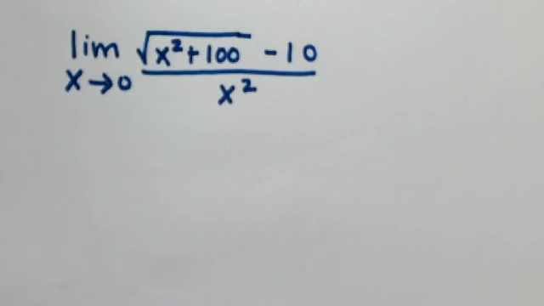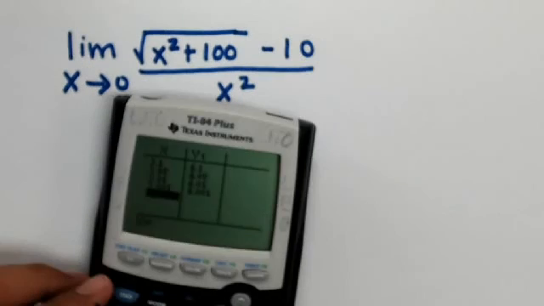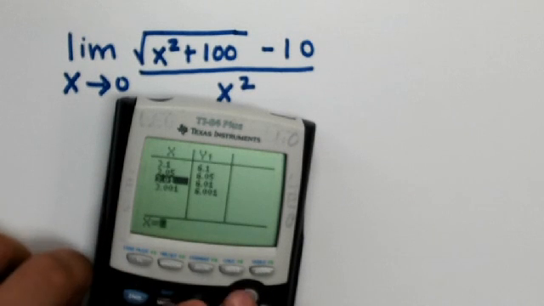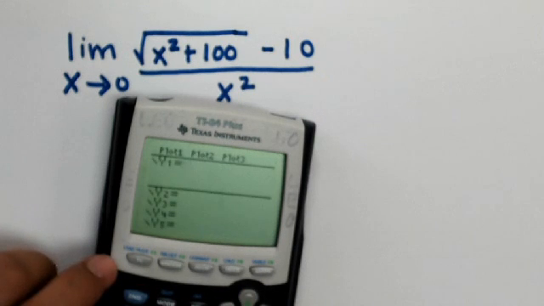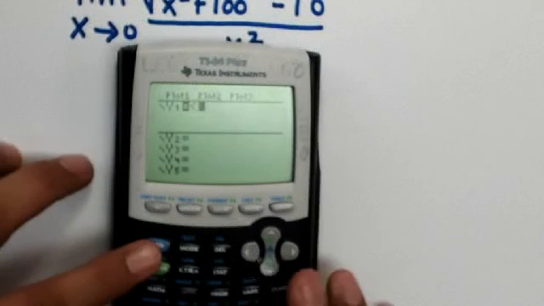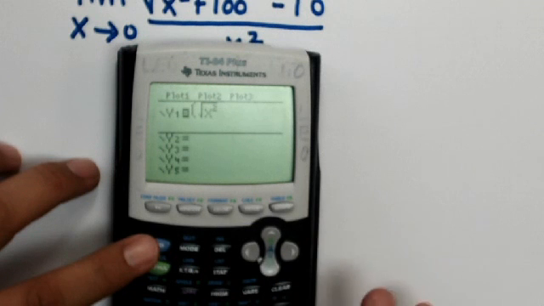But before that, let's look at the calculator to see if it could give us some insight as to what the limit is going to be. We're going to have to enter this function in. Okay, so our numerator would be the square root of x squared plus 100.